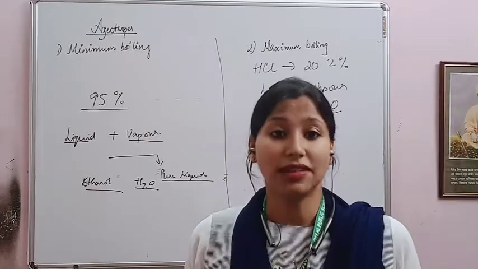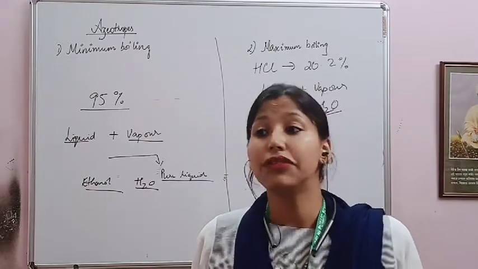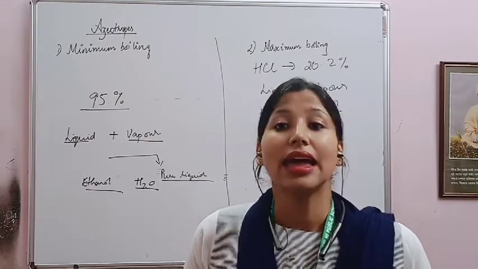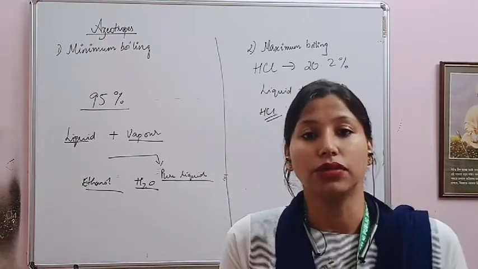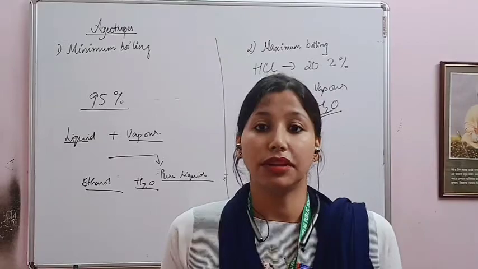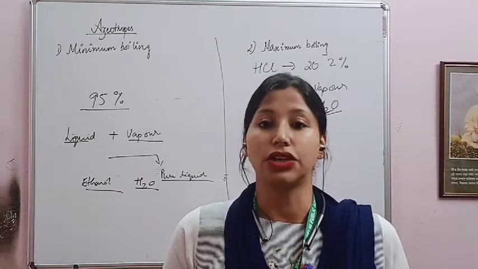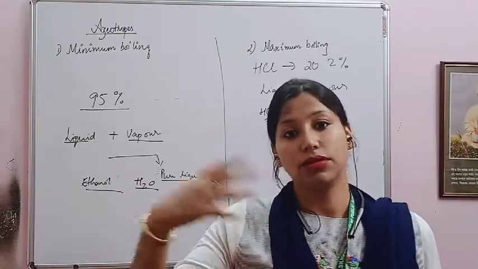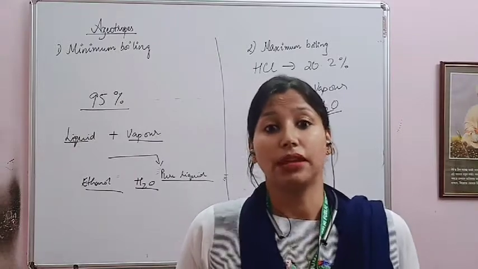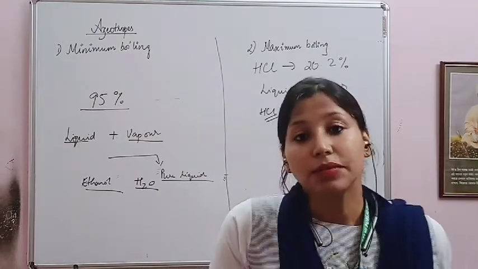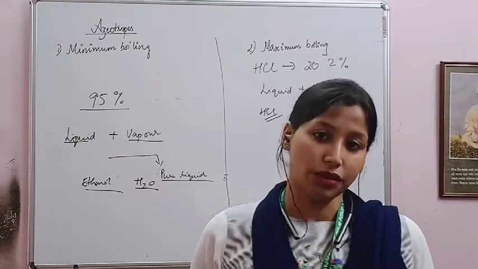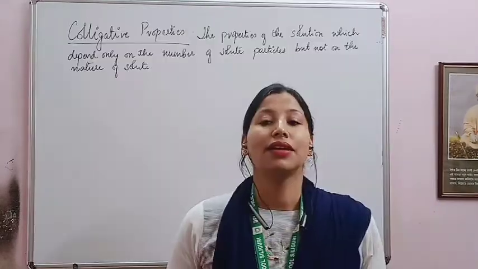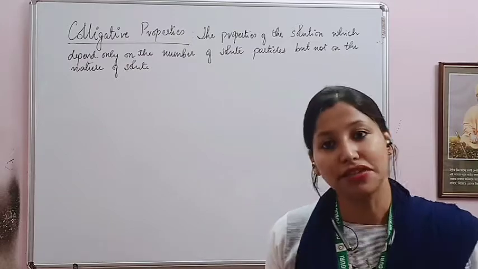They will give you examples of solutions or mixtures, and they'll ask that A-B molecules in the solution have developed greater intermolecular interactions. Discuss the type of azeotrope that it will form, whether it will be maximum boiling or minimum boiling. So you'll have to answer accordingly. Clear? Alright, let us continue.